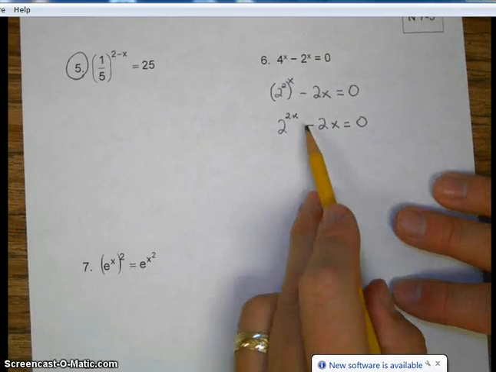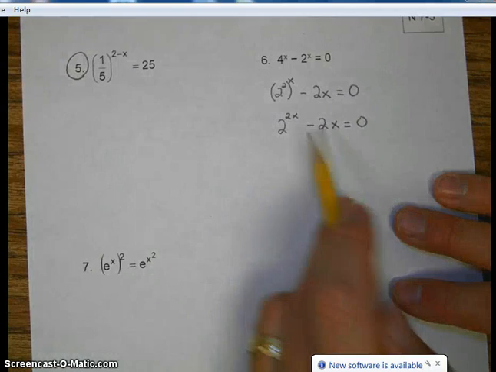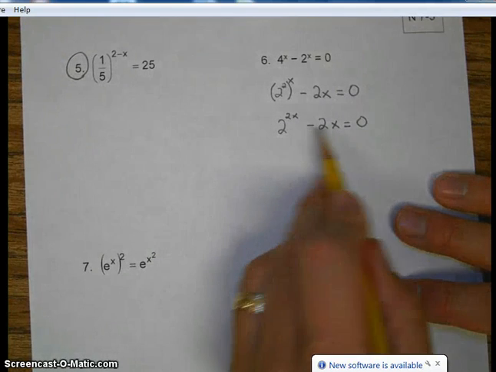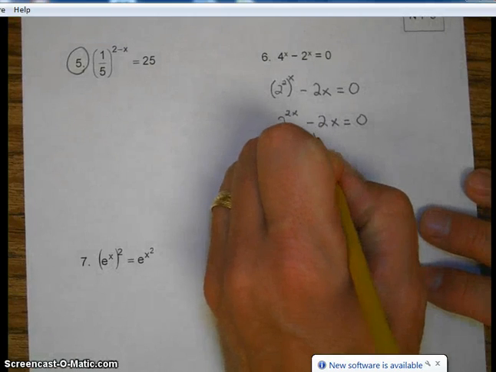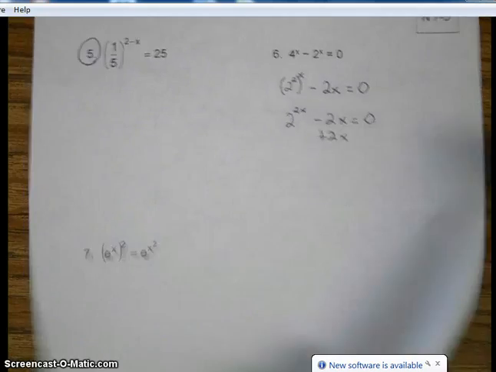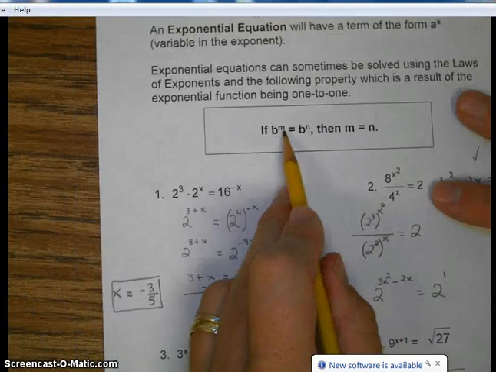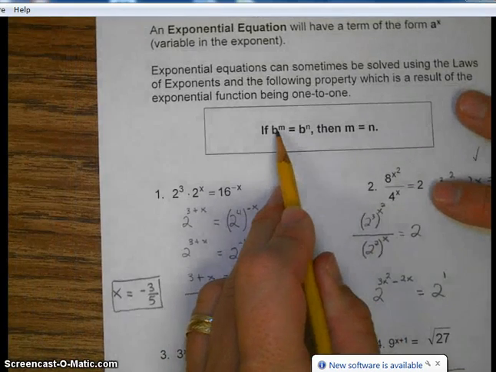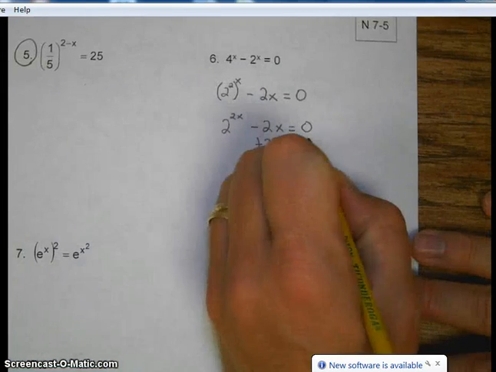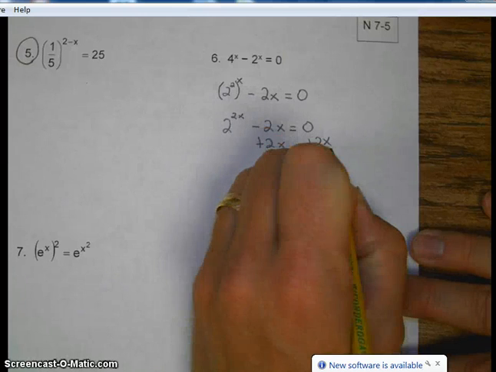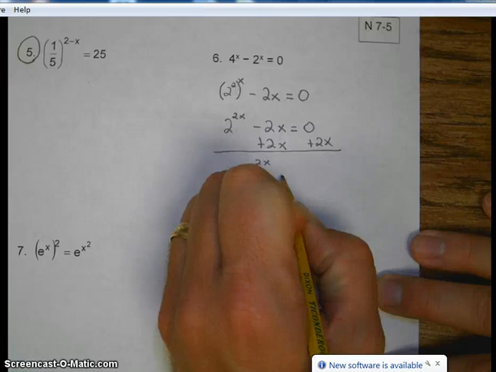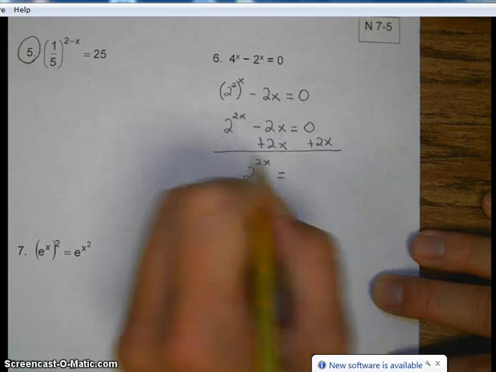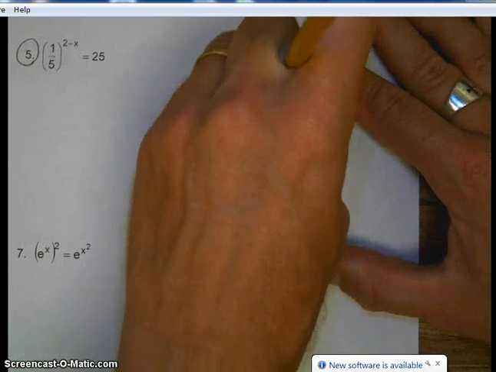Now, can we subtract these two? No, because remember, they're not like terms. So what we want to do is move this one to the other side, because we want it to look like this in order to use this property here. Okay, so move the 2 to the x to the other side. Boy, what happened to me?